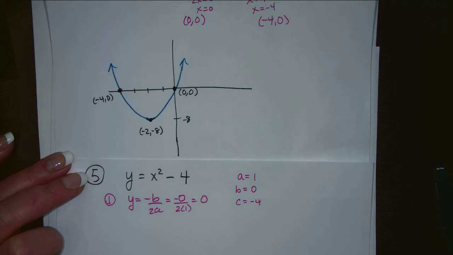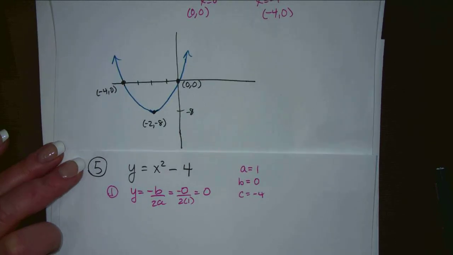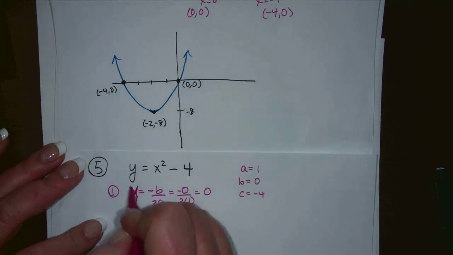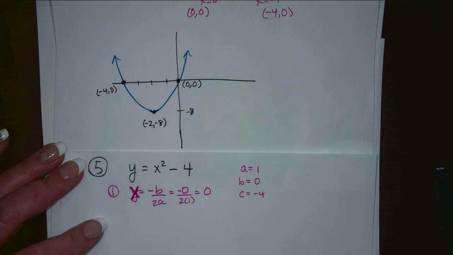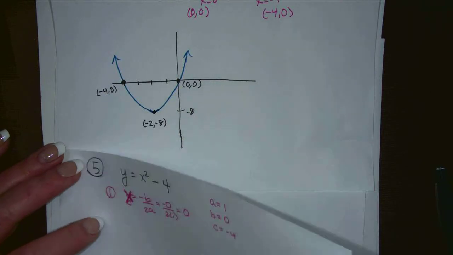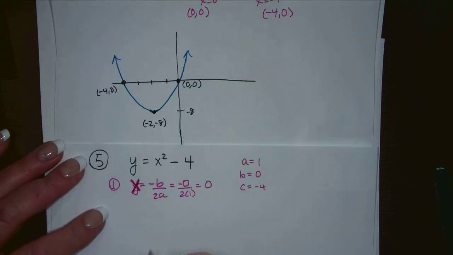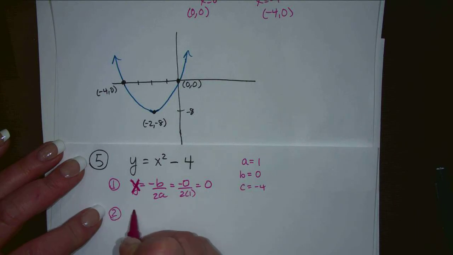So x is 0, that's the x value of the vertex. I was recopying. Find the y value. So y equals 0 squared minus 4.